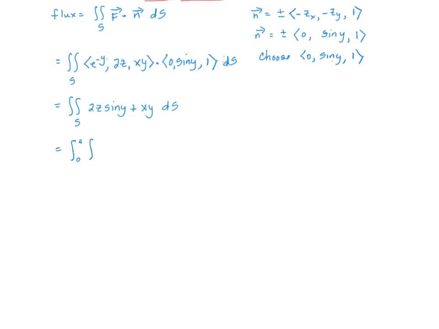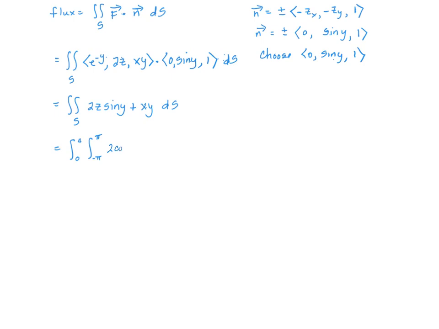Absolute value of y less than pi means it's going to go from negative pi to positive pi, right? When I remove the absolute values, put it between the negative and the positive. My integrand is 2z sine y, but z is equal to cosine of y. So right now, all I'm trying to do is write everything in terms of x and y. So if z is equal to cosine of y, this becomes 2 cosine y sine y, plus xy, and this would be dy dx.